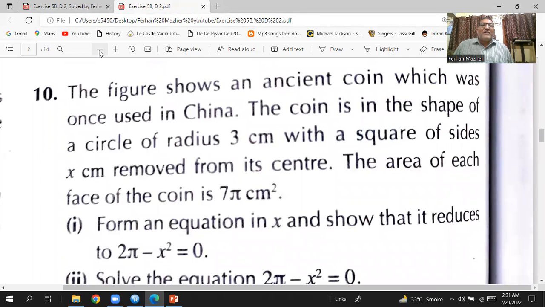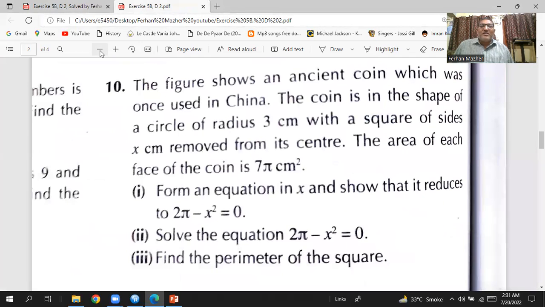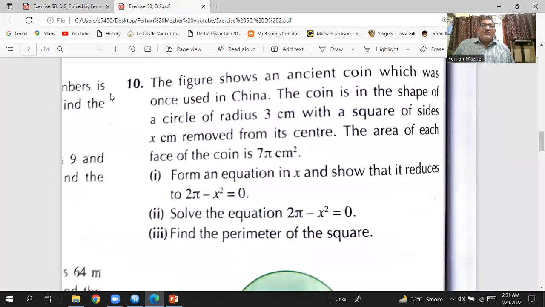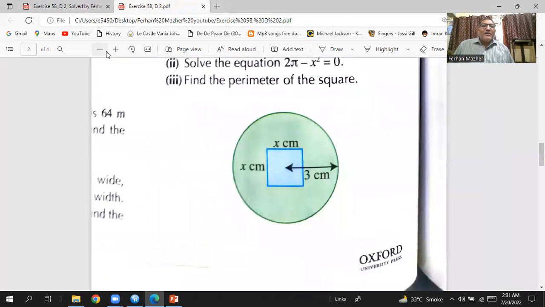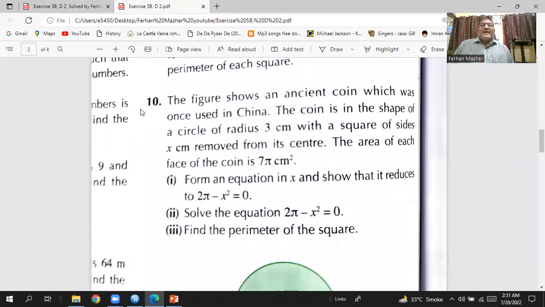The next question coming up on your screen is question number 10. So here we go. He says the figure shows an ancient coin which was once used in China. The coin is in the shape of a circle of radius 3 centimeter with a square of sides x centimeters removed from its center.